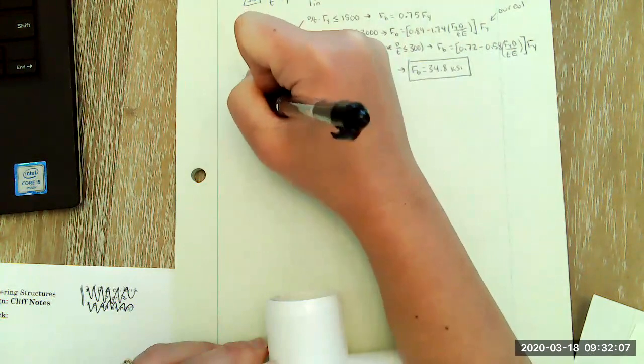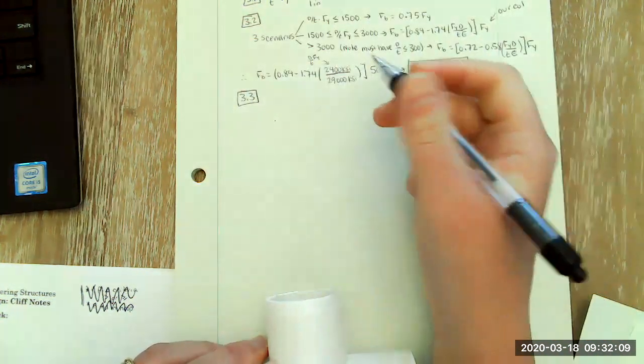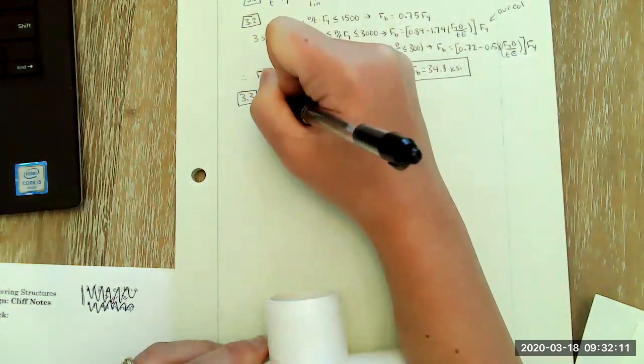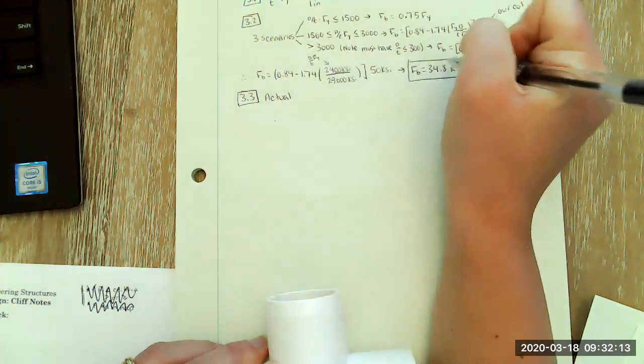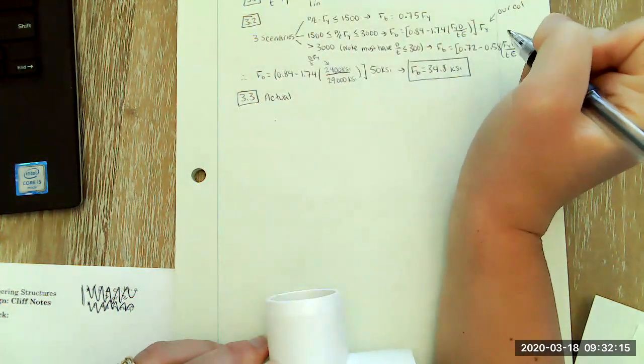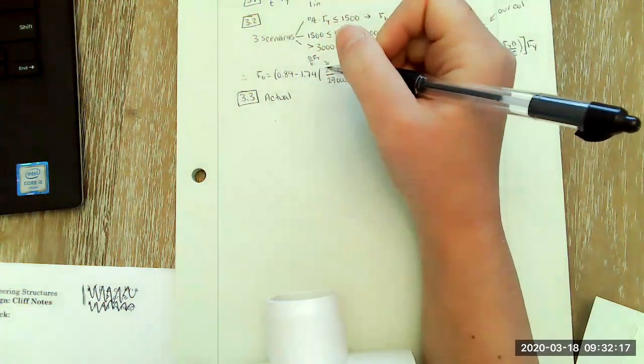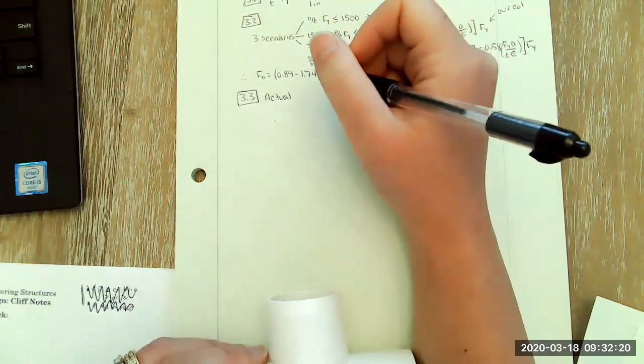Next, we have step 3.3, which is to find our actual bending stress. Much quicker to find your allowable bending stress than your allowable axial compression stress.